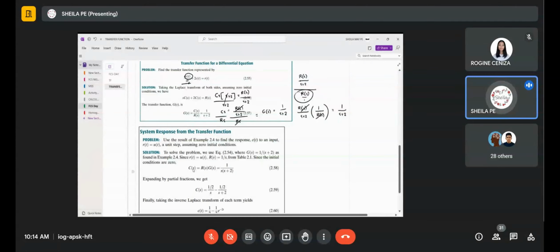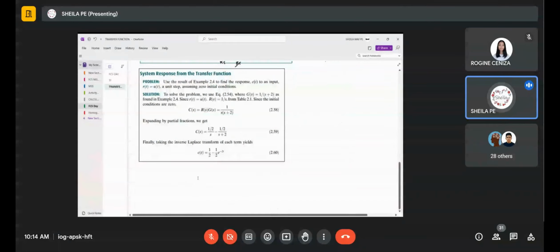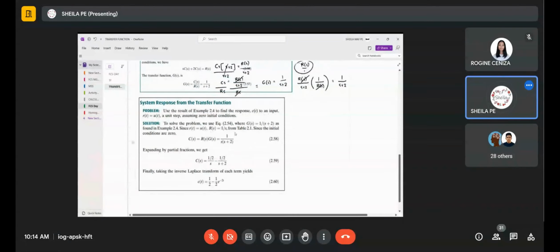Given G of S equals C of S over R of S, which equals 1 over S plus 2, we need to get C of S first. The aim here is C of t, the one we need to find: the response C of t to an input R of t equals U of t.